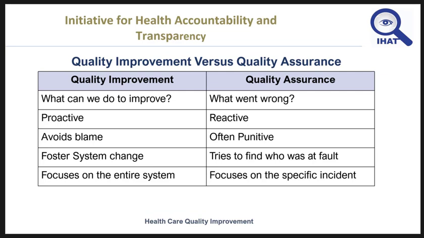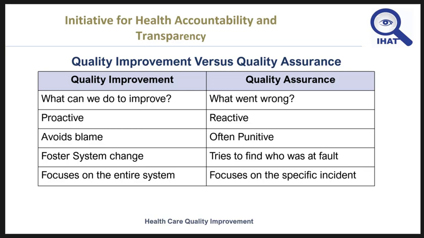Now let's take a quick contrast between quality improvement and quality assurance so we don't confuse the both. Quality improvement usually has to do with what can we do to improve quality, while in quality assurance, you're looking to see what went wrong in the process of delivering quality care. Quality improvement also is a proactive process, while quality assurance is usually a reactive one.